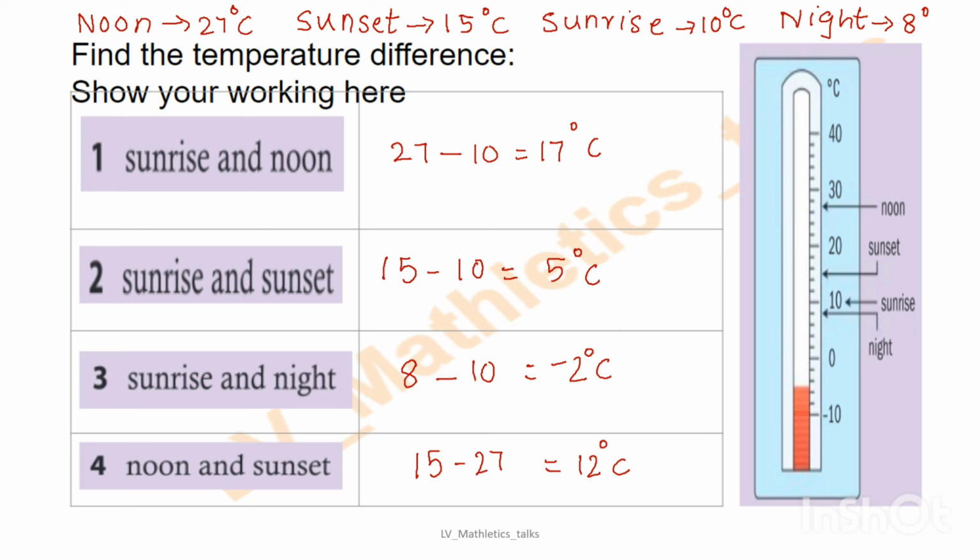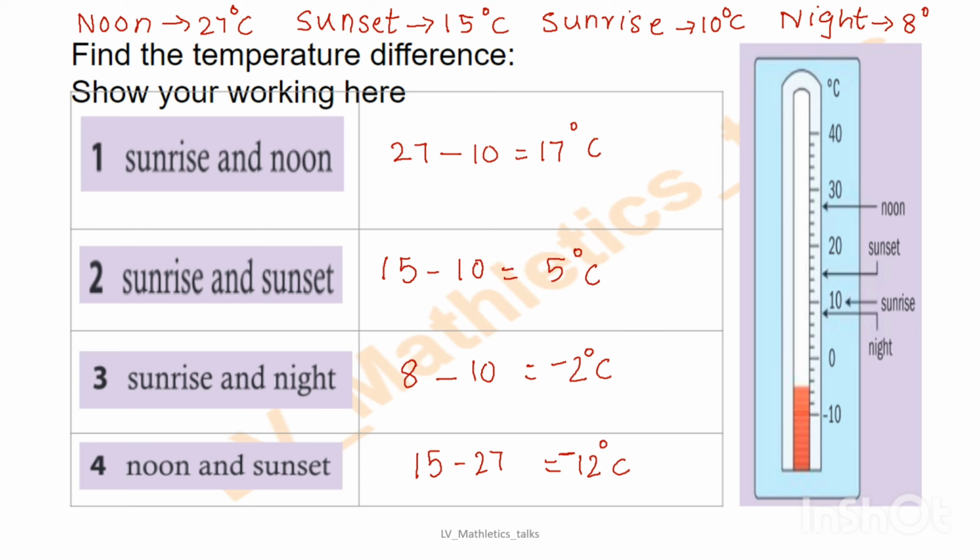And then again here, 15 minus 27 is a negative value. So here again, it dropped by 12 degrees Celsius. Fine. So this is one way of finding the difference.